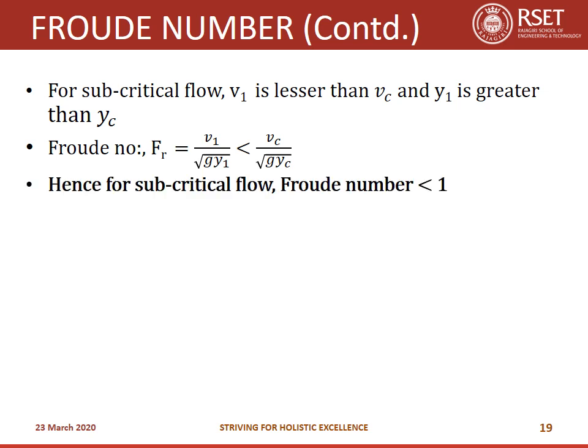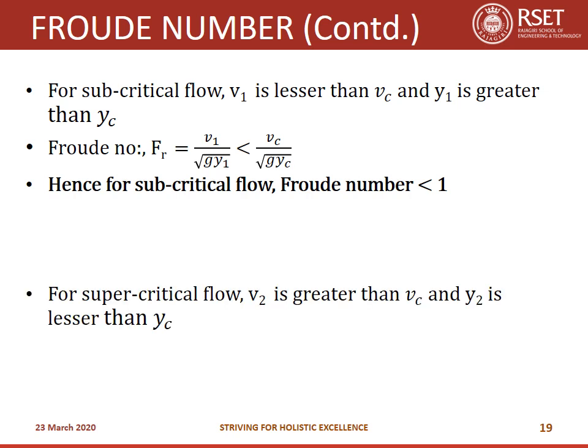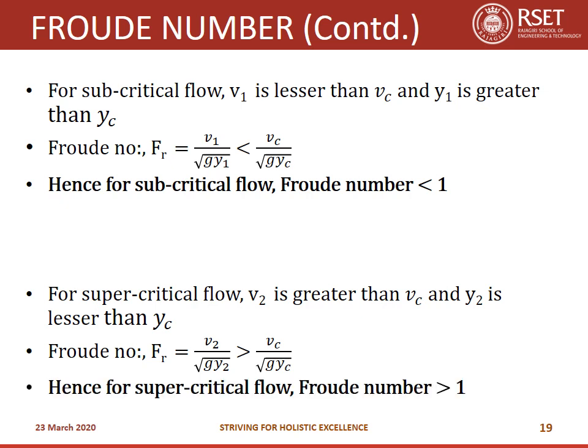And so, for subcritical flow, Froude number is a value less than 1. You take the case of supercritical flow, V2 is greater than Vc and Y2 is less than Yc. And so the Froude number V2 by root g y2 is greater than Vc by root g yc. Hence, for supercritical flow, Froude number is greater than 1.